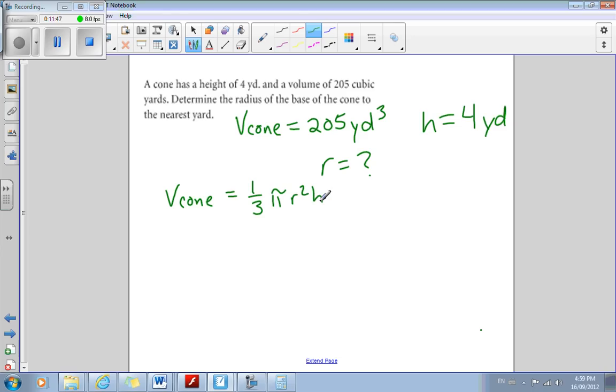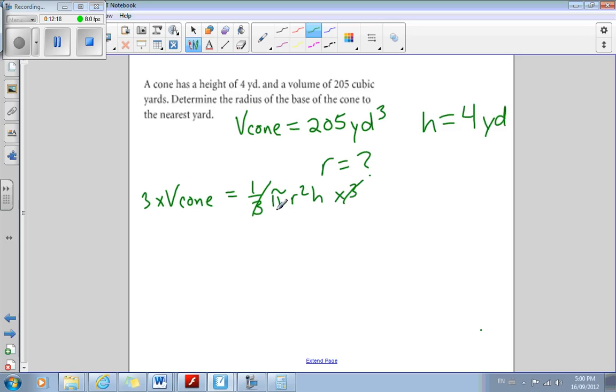So we have to be able to rearrange this equation to isolate r. So this is what we're going to do. Dividing by 3 is what multiplying by 1/3 is. So the opposite of doing that is multiplying by 3. So we multiplied this side by 3. So this cancels with that because 3 divided by 3 is 1. Now we have to isolate r here too.